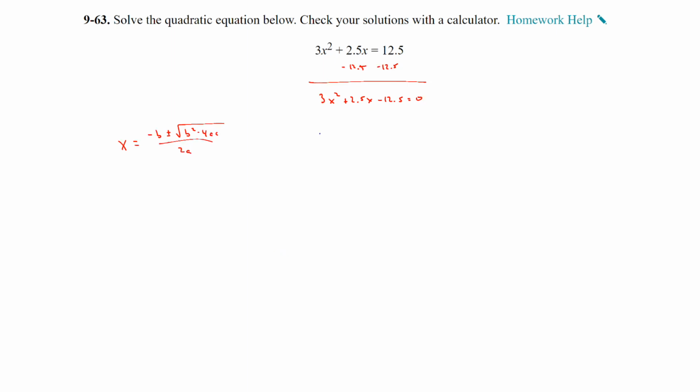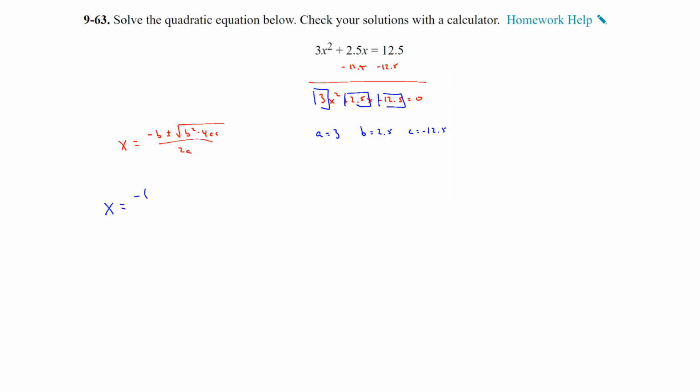So we need to identify what is the a value. A is 3. What is the b value? 2.5, and c is negative 12.5. Remember, these are the numbers in front of your x squared term, your x, and then your constant at the end. Make sure you get your positives and negatives correct on there. Now you're going to take a, b, and c, and plug them into your quadratic formula.